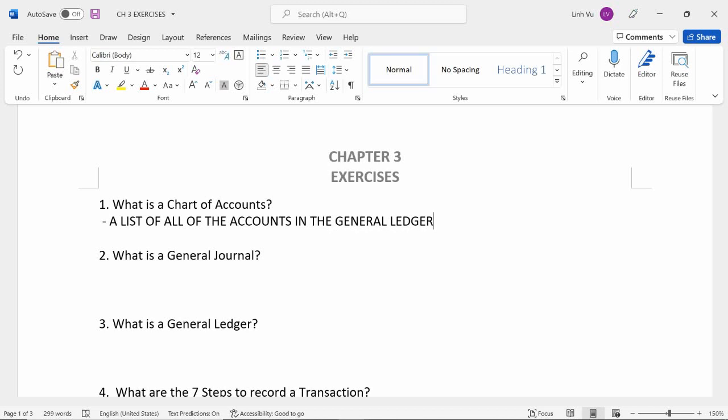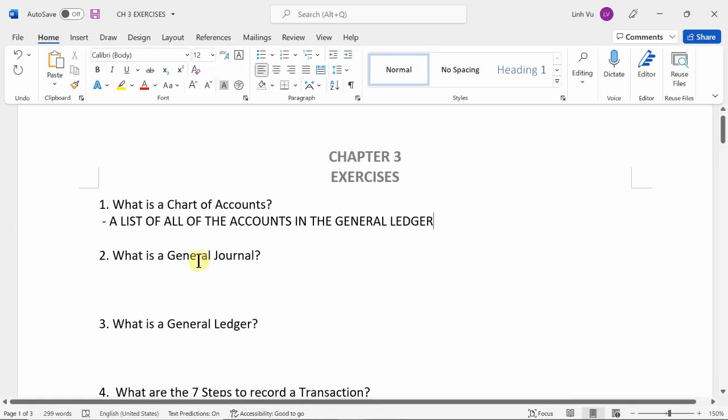Okay, good. And you use the chart of accounts to create your journal transactions in the general journal. Again, the answers will have the full-length answers here. I'm just doing this for the sake of the class.